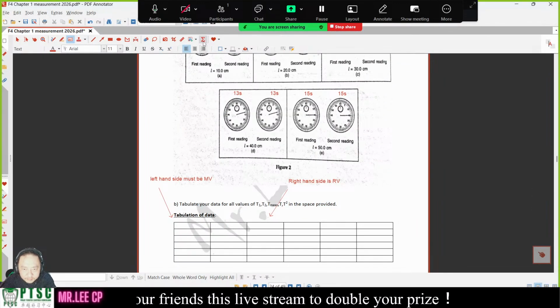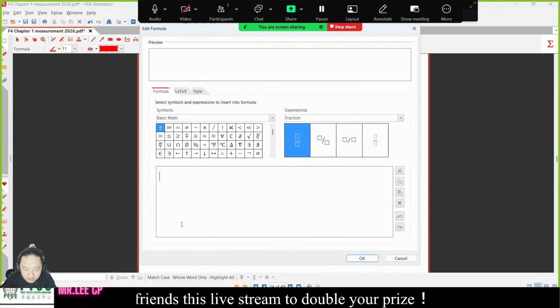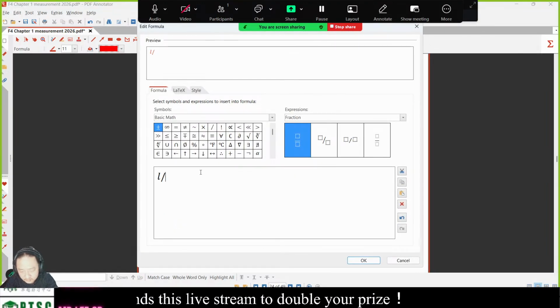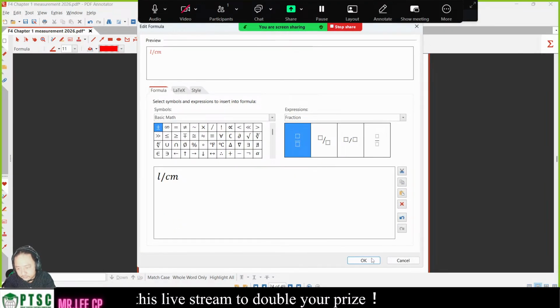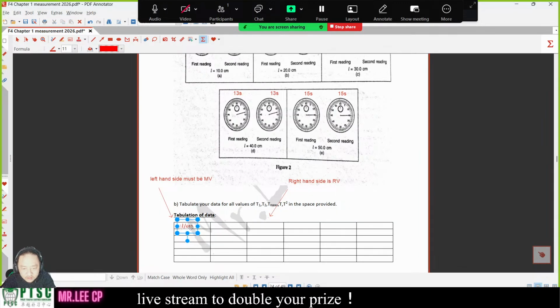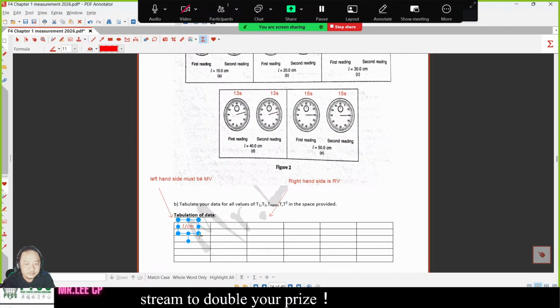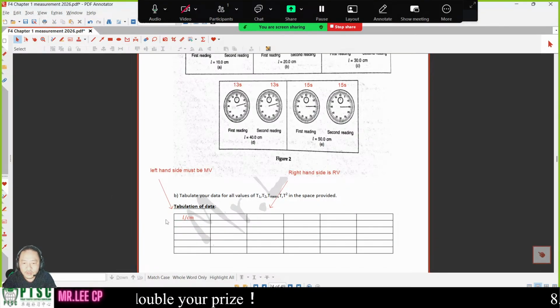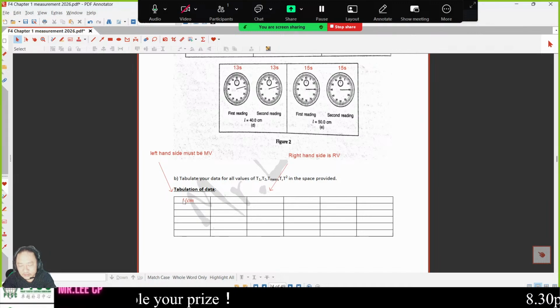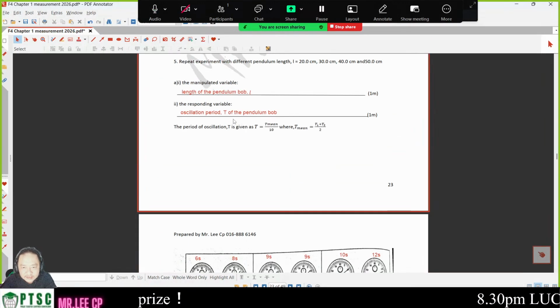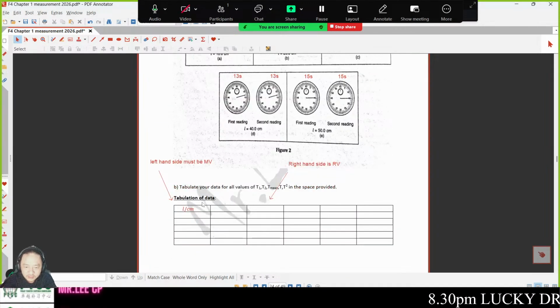Now, length of the pendulum bob, I am going to write L here, with the unit in cm. Length, right, in cm. Of course, you'll ask me, do I need to write the full thing here, length of the pendulum bob in full? No need. Why?